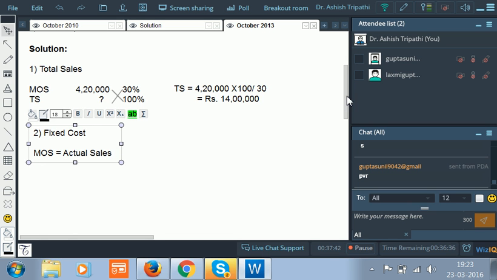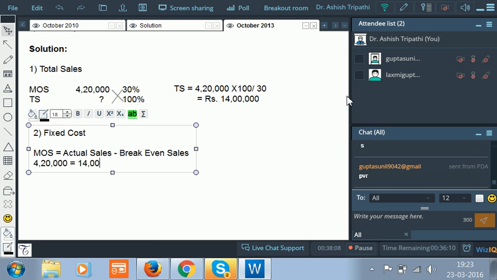Margin of safety is equal to actual sales minus break-even sales. Margin of safety is 4,20,000. That is equal to actual sales. Actual sales is nothing but total sales. So total sales is 14 lakhs minus break-even sales.